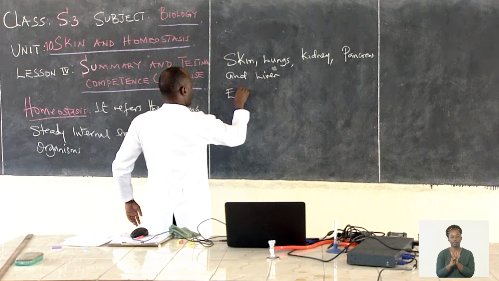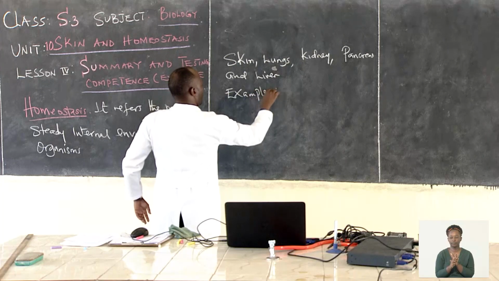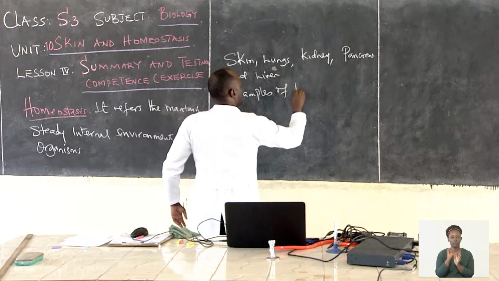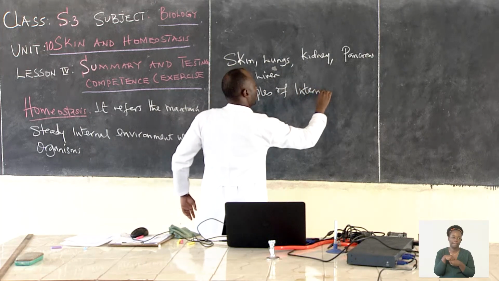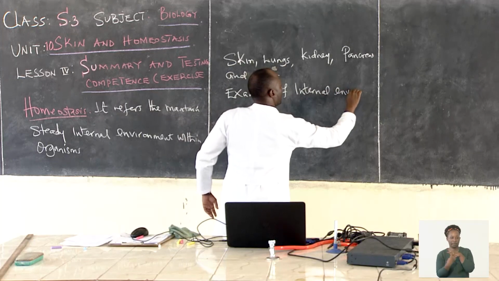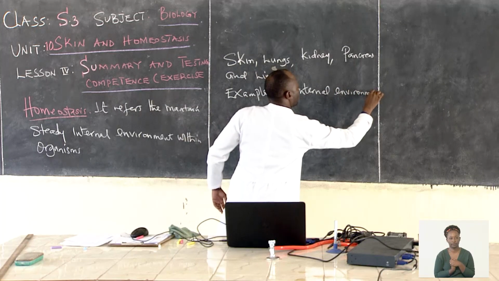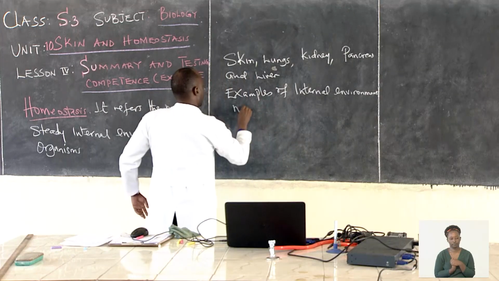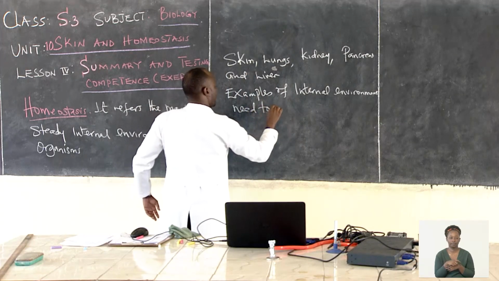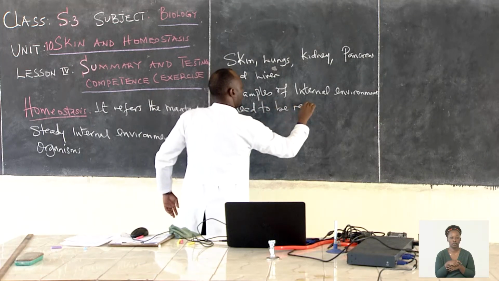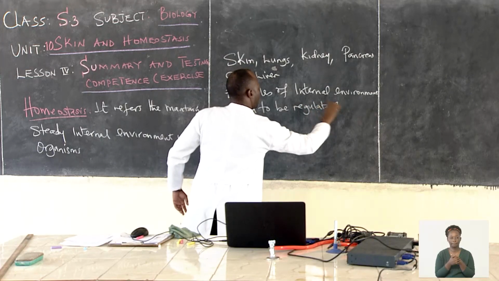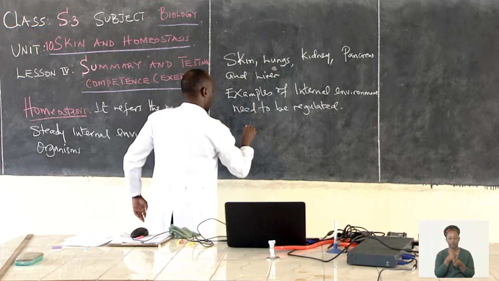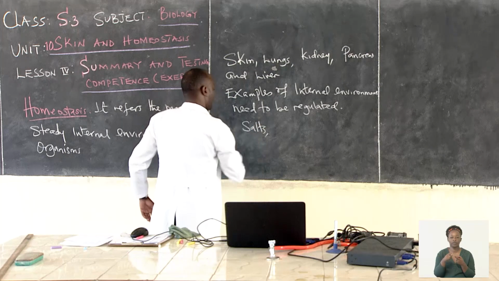Examples of internal environment variables needed to be regulated. We say there are salts. Salts need to be regulated in our body.